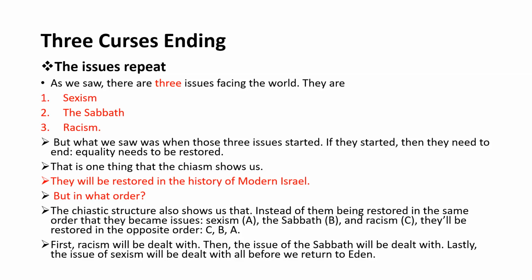So the issues are going to repeat, as we have seen in the previous slides, that there are three issues facing the world, which are sexism, the Sabbath, and racism. And we want to see how they're going to be restored. This is one thing that the chiastic structure is going to show us. They will be restored in the history of modern Israel. Like I've alluded before, these things were pronounced in ancient Israel.